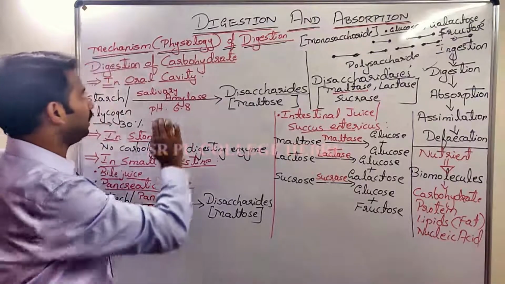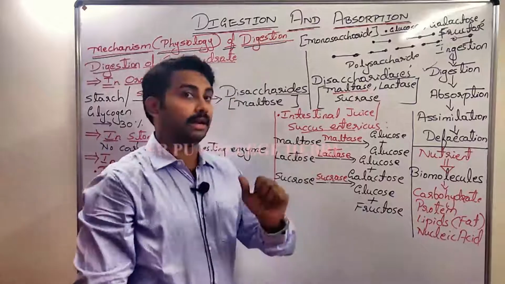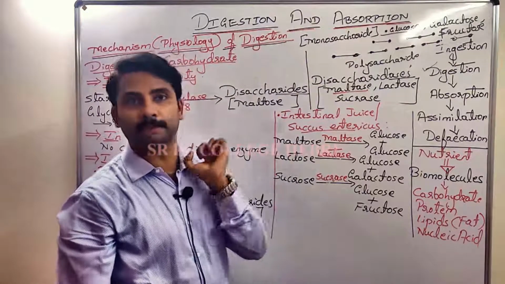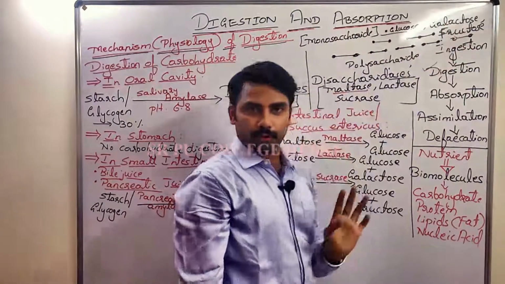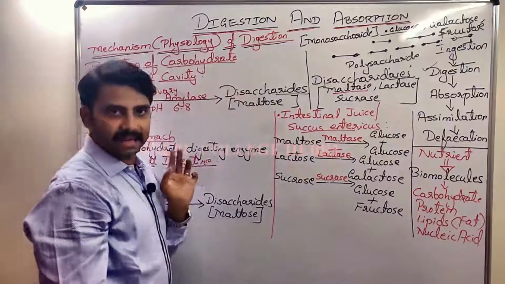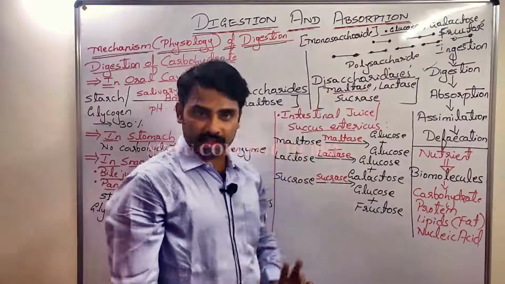I am telling you once again, carbohydrates can be classified into three types. Number one, monosaccharide, single sugar or the simple sugar. Examples: glucose, galactose, fructose. Another kind is disaccharide, formed by the joining of two monosaccharides.